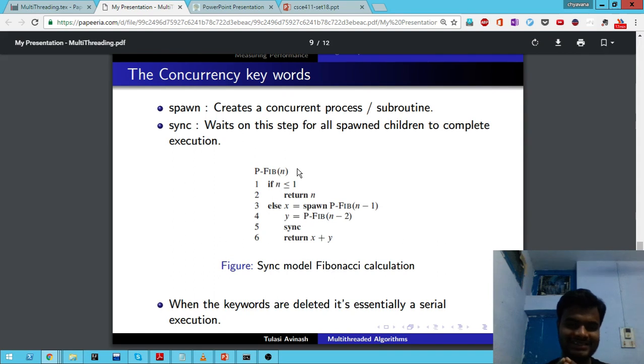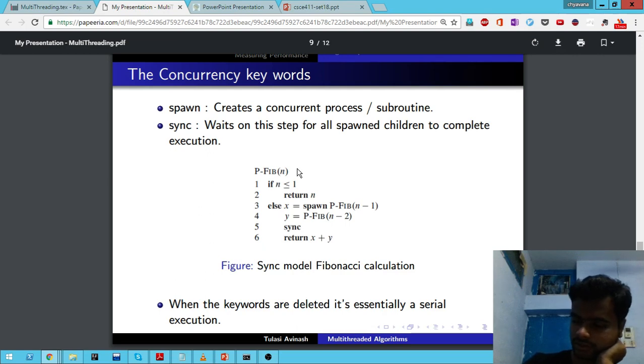Now, applying these concepts to our Fibonacci calculation, we can always spawn a thread to compute one of the Fibonacci numbers. In the example here, we are spawning a thread with n minus 1. So let us try to work this out. n is equal to 4.